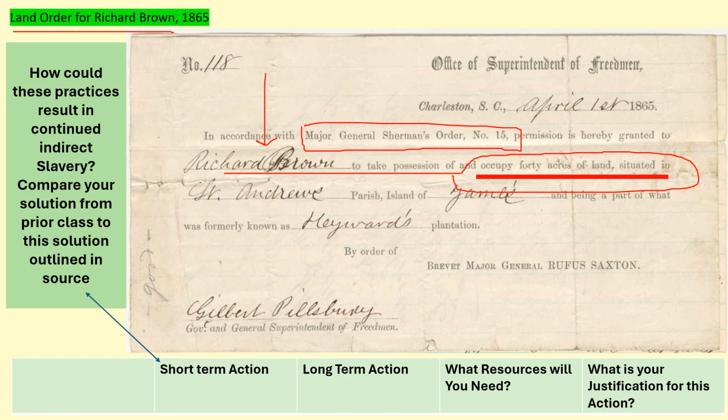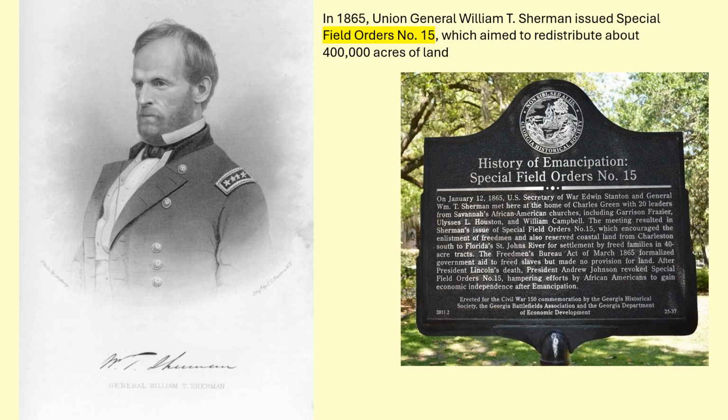But as indicated before, when you let 4 million people free without any resources, education, these questions down here are going to need to be addressed. What is significant about Field Order 15 is it was an attempt in the 1860s to try to acquire land for the freed slave. It mentions here 400,000 acres of land, which is about to be redistributed.